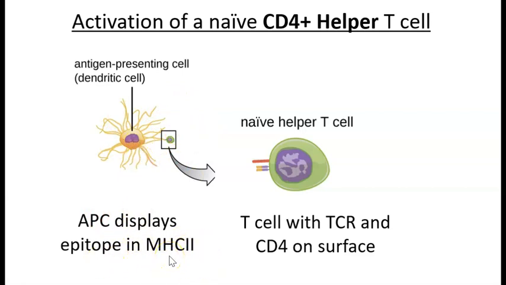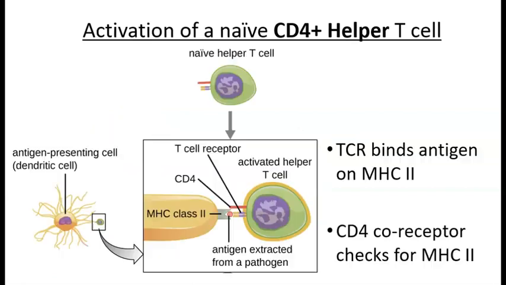This little guy eats something, and it's going to chop it up and take epitopes and display them on MHC2. And similar to our cytotoxic T cells, along comes a naive helper T cell that has its T cell receptor on the surface, and it also has its CD4, which is analogous to CD8. If we look at the blow up here, we can see that same process that we saw with the cytotoxic T cell, with the key difference that we are presenting this as an exogenous antigen, so it was from the outside and it's displayed on MHC2 over here, and your T cell receptor does the same thing.